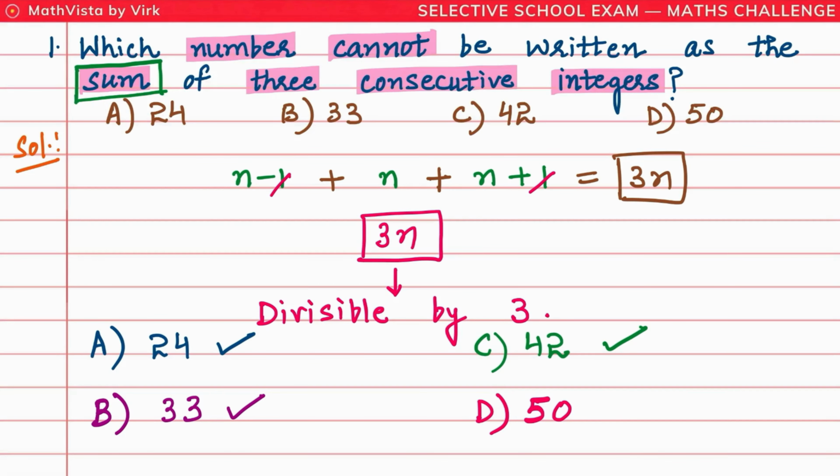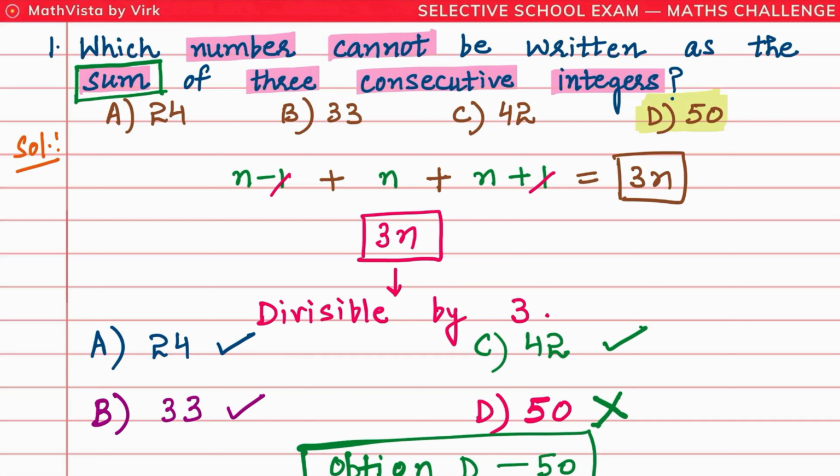No, it is not completely divisible by 3. So, option D, 50 is the correct answer, which cannot be written as the sum of 3 consecutive integers. Okay, I hope it is clear to everyone.